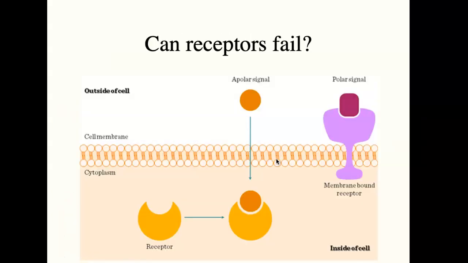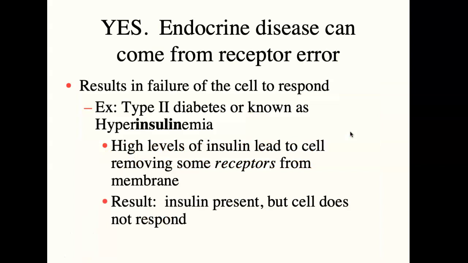Another question that we have as we move on is, do receptors fail? What if the receptor doesn't work, right? And you have some sort of hormone, but the receptor doesn't work, whether it's inside the cell or on the membrane of the cell. So can these fail? And the answer is yes. Endocrine disease can come from receptor error. So an example of that is type 2 diabetes, known as hyperinsulinemia.